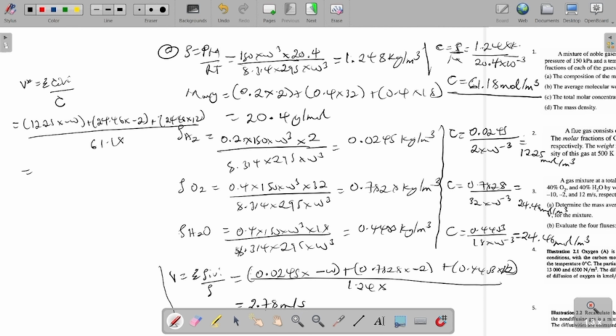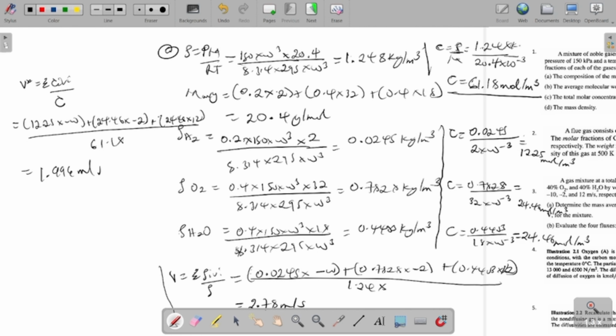Right, so that will give me that value. So I'll have 12.25 multiplied by minus 10 plus 24.46 multiplied by minus 2, then plus the next term becomes 24.46 also multiplied by 12, then divided by 61.18. So I'll be having 1.996 meter per second, right?